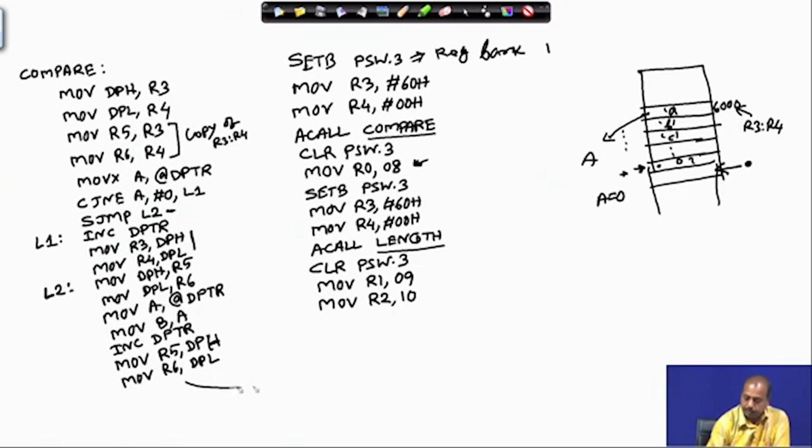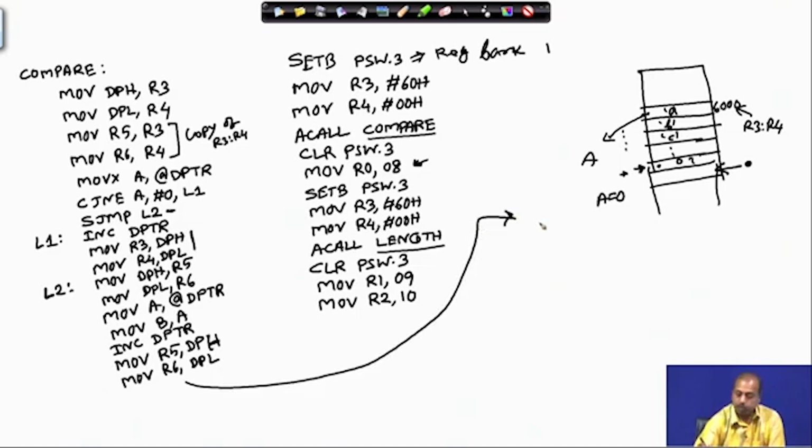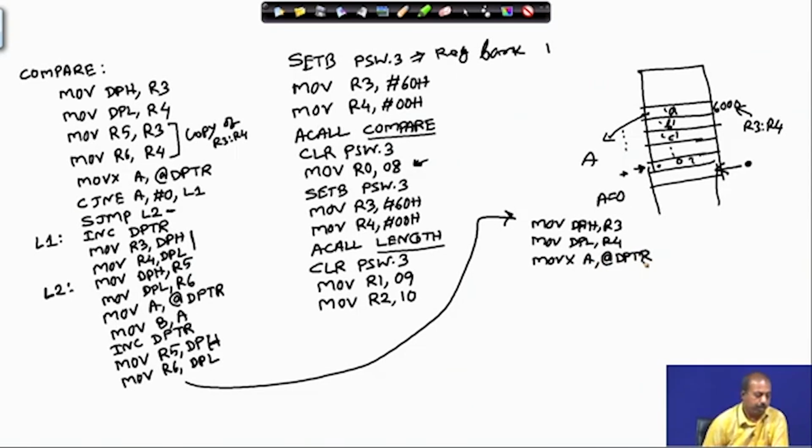So those DPH DPL values will be accessed. I am writing from this point here. MOV DPH, R3, MOV DPL, R4, okay. Then MOVX A, @DPTR, then INC DPTR. So we will increment, and that will go to the next character.